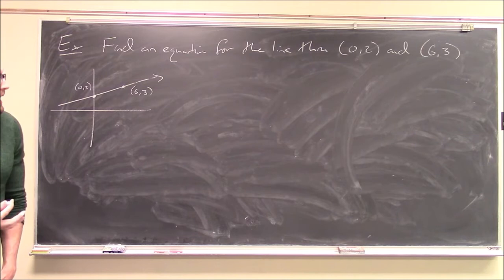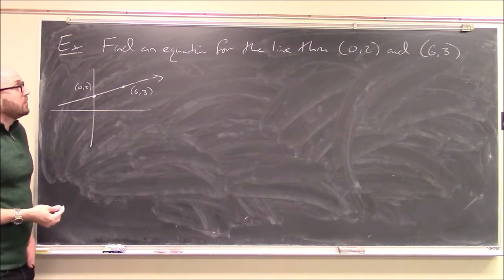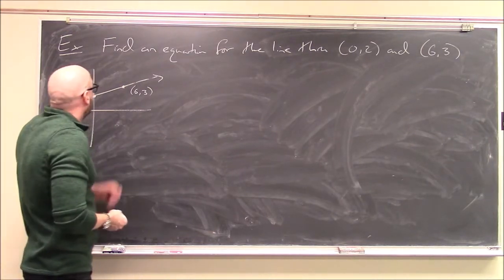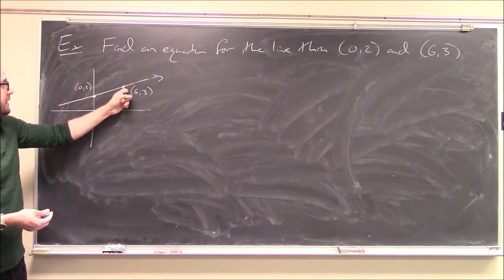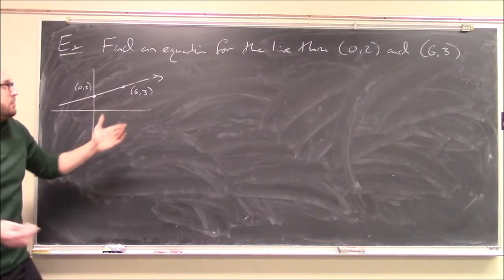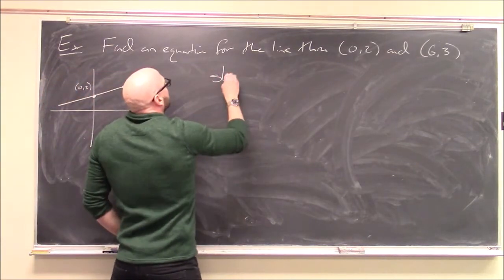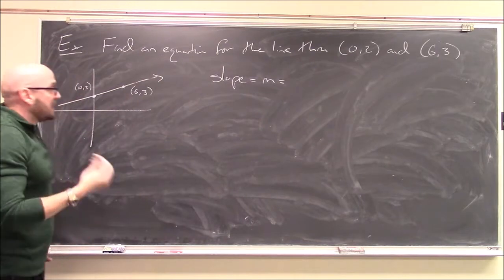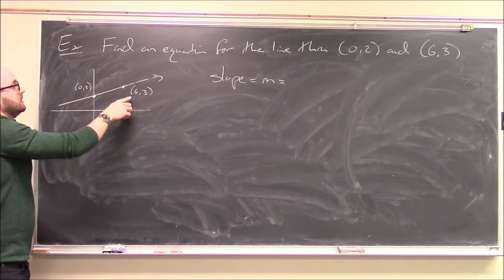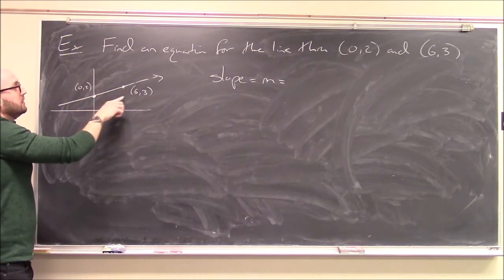And you'll realize that I have more than enough information here. I know the y-intercept, I know a point on the line, all I really need is the slope. But if I have 2 points on the line, I can compute slope as well, right? So let's find our slope. Slope will be the change in the y values over the change in the x values.